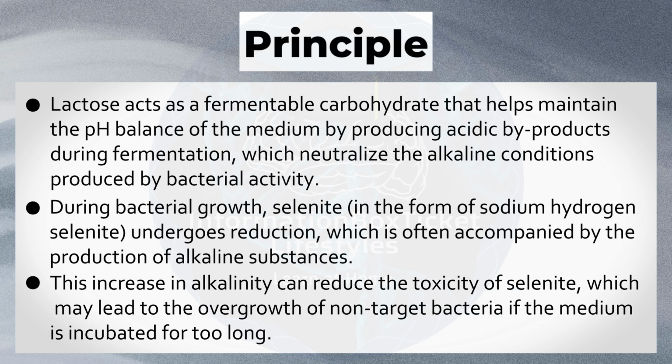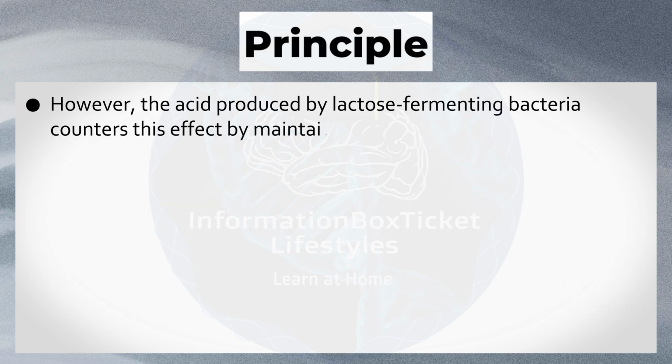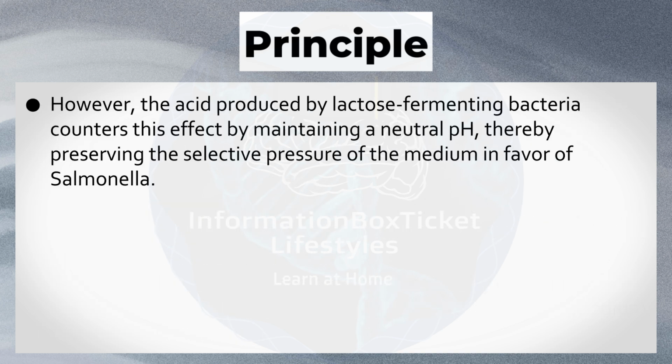This increase in alkalinity can reduce the toxicity of selenite, which may lead to the overgrowth of non-target bacteria if the medium is incubated for too long. However, the acid produced by lactose fermenting bacteria counters this effect by maintaining a neutral pH, thereby preserving the selective pressure of the medium in favor of Salmonella.